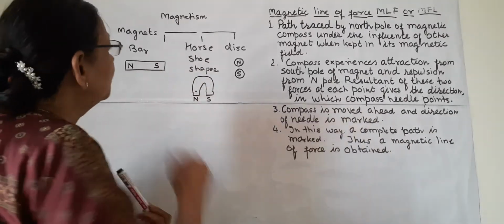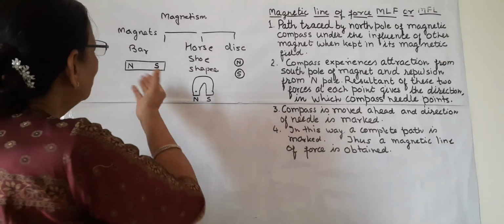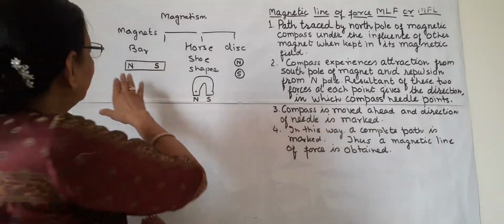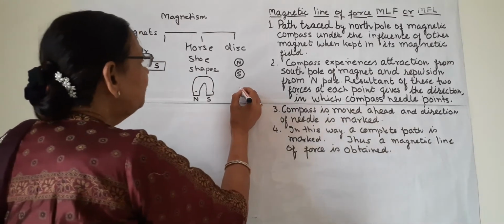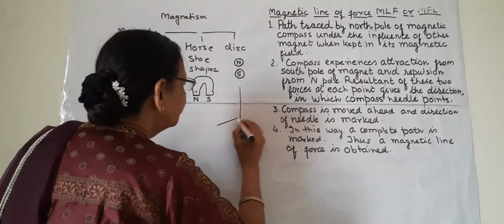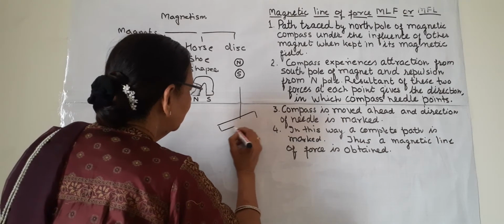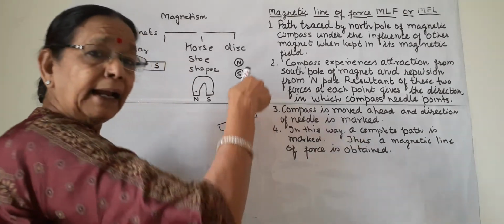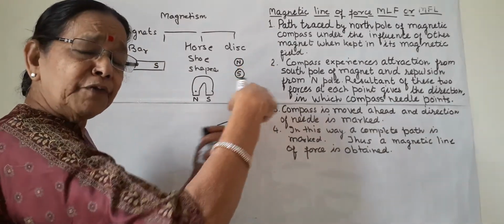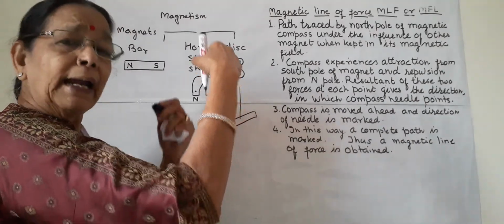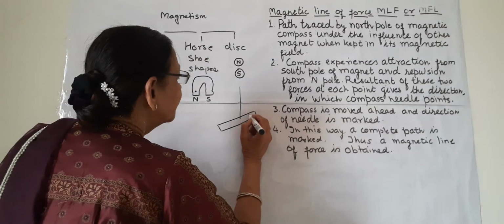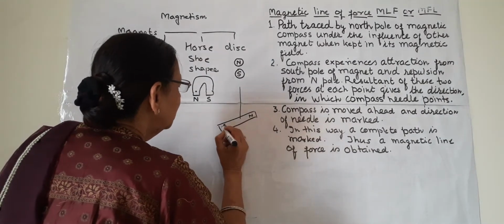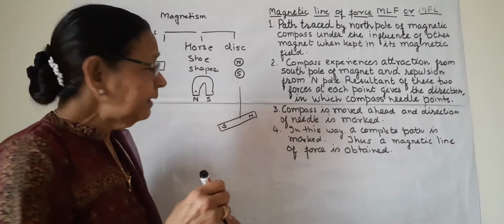So how do we know which pole is north and which is south? For this, if we suspend a magnet freely with a thread, it will move for some time and then it will settle in a direction. And this direction is the north and south direction of the magnet.